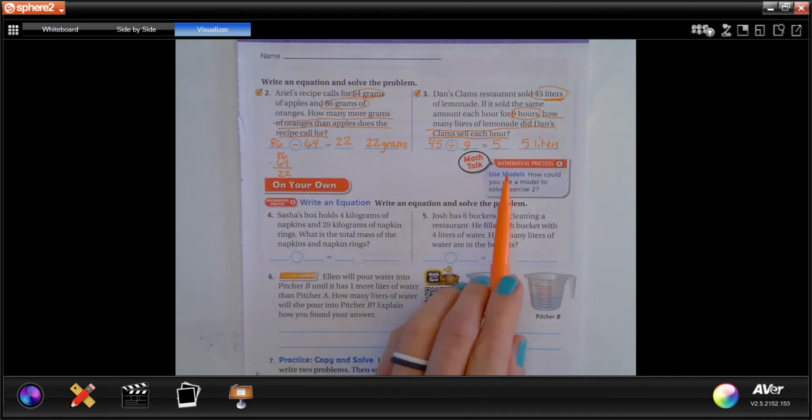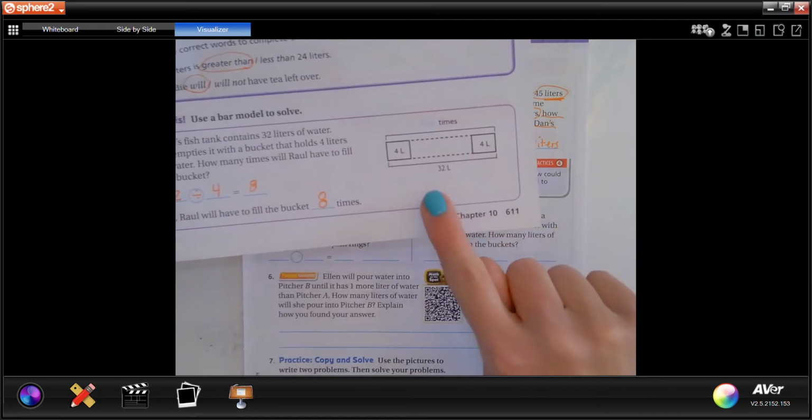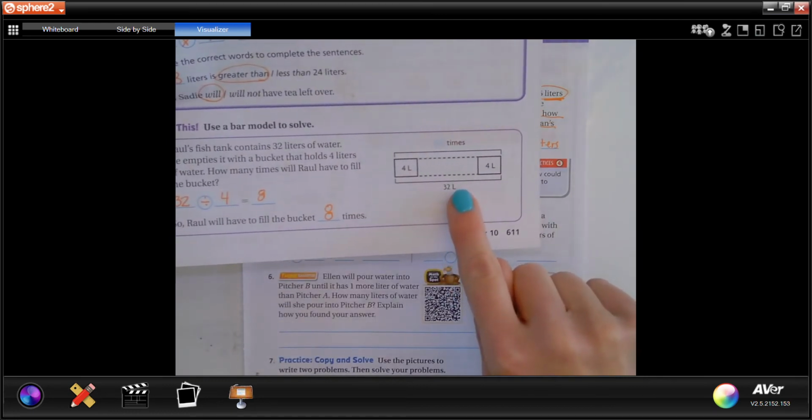Math talk. Use models. How could you use a model to solve exercise 2? Well, just like we did back over on the try this, we could use a bar graph just like this.